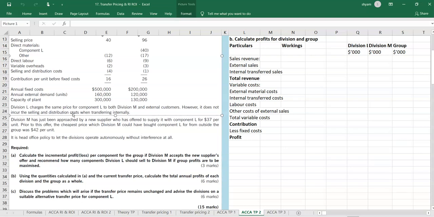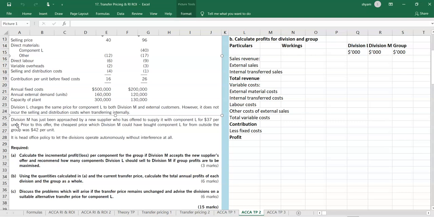Division L charges the same price for component L to both division M and external customers, so the selling price is the same: $40. However, it does not incur the selling and distribution cost when transferring the goods internally. So this $4 does not get incurred when it is sold internally.